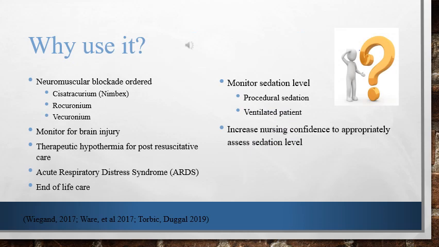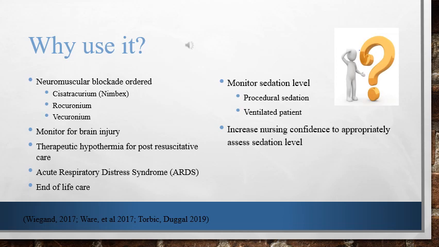So why use a BIS monitoring system? If your physician orders what we call a neuromuscular blockade, for example, Nimbex, Rocuronium, Vecuronium, they need to be on a BIS monitor. They are going to be paralyzed. They could potentially have a brain injury. They could be on a hypothermia protocol for post-cardiac arrest.